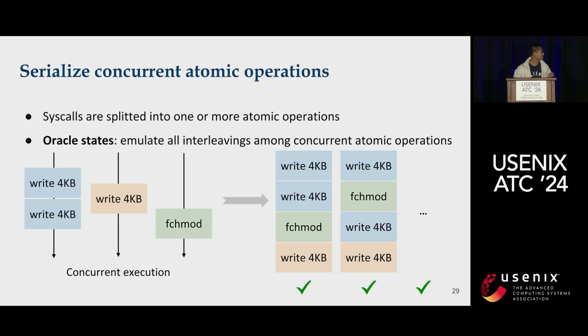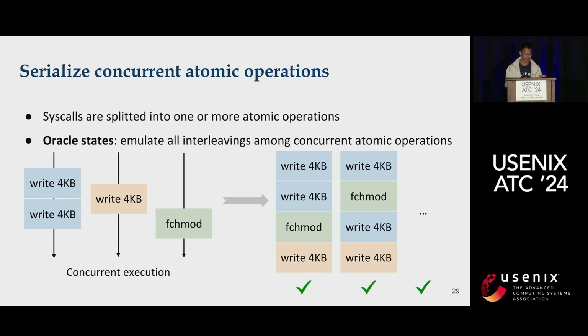Next, we will serialize all concurrent operations into sequences and then emulate the semantics on each sequence. That means for one concurrent execution, you can have different sequences and then different oracle states. As long as the runtime state matches one of the oracle states, then it's correct.